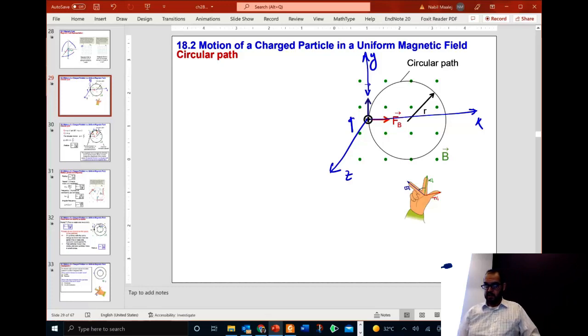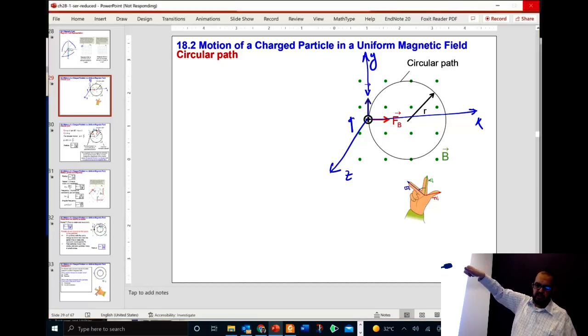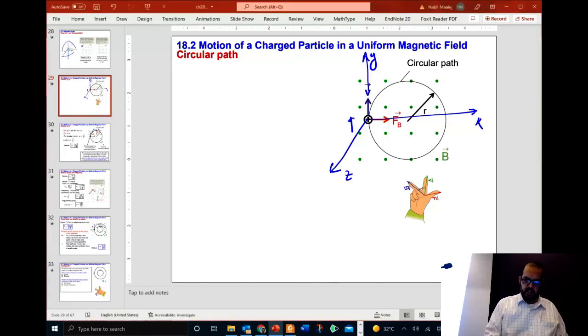We said that this charge will experience a force, and the force is given by the right-hand rule. Let me use the curling.